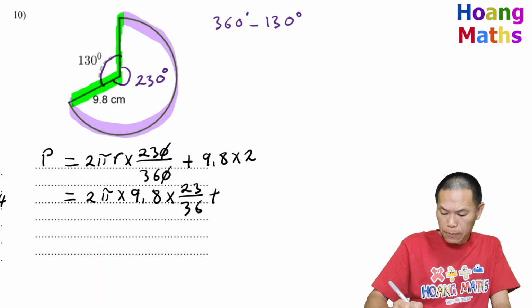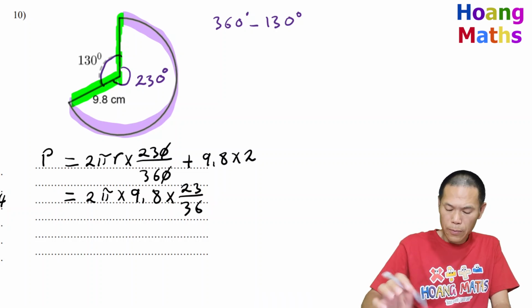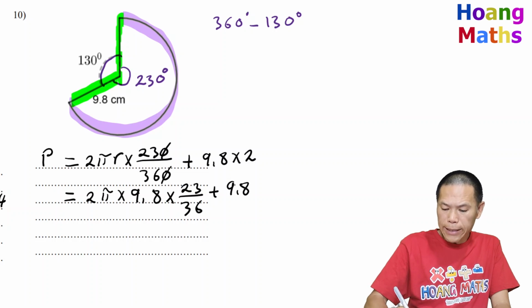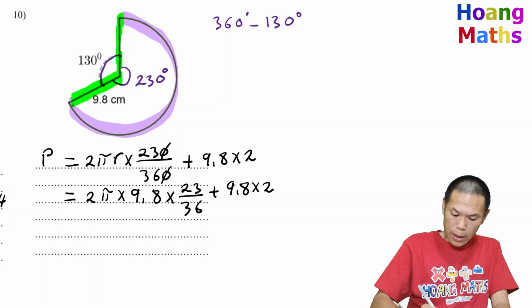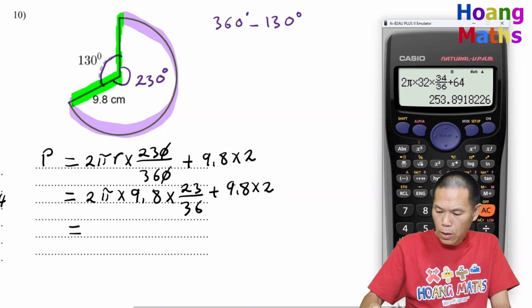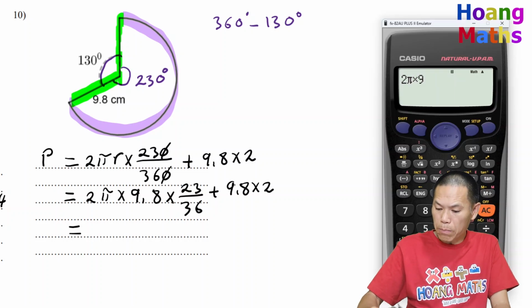Then we add 9.8 times 2. That is equal to 2 pi times 9.8 times 23 out of 36. And we need to add 9.8 times 2.